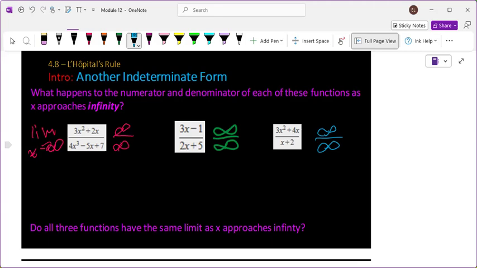So this first function, since the bottom has an x to the third, the top only has an x squared. As the x values get bigger and bigger, the bottom will grow faster than the top can. So eventually the bottom is getting bigger and bigger and bigger, so it's going to force the fraction to go to 0.